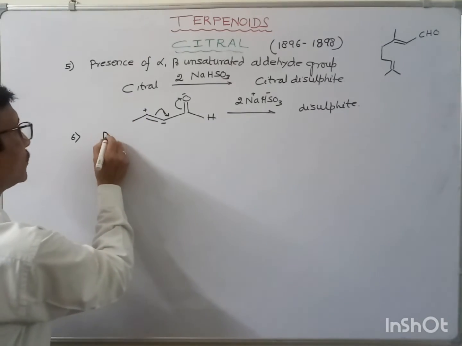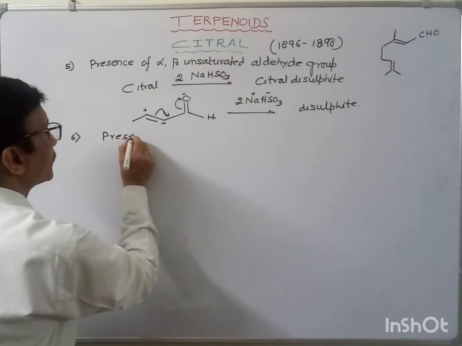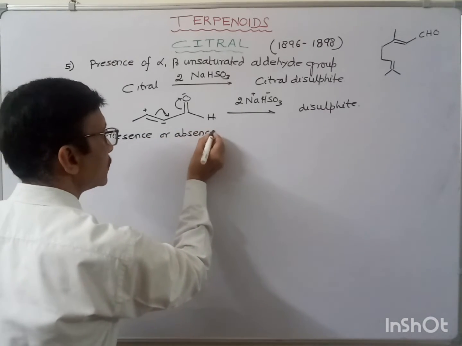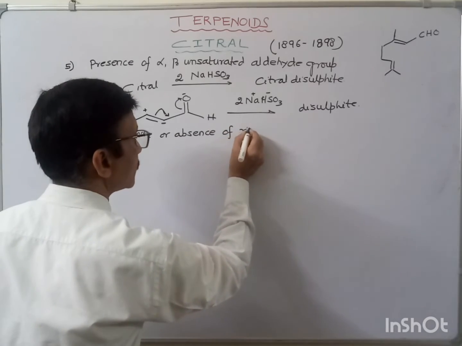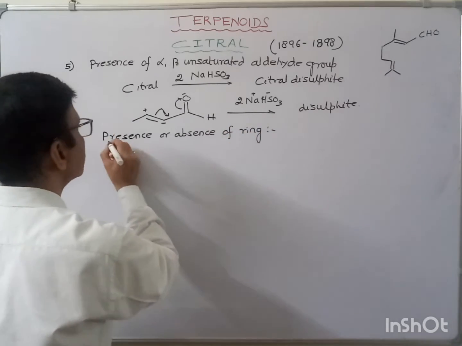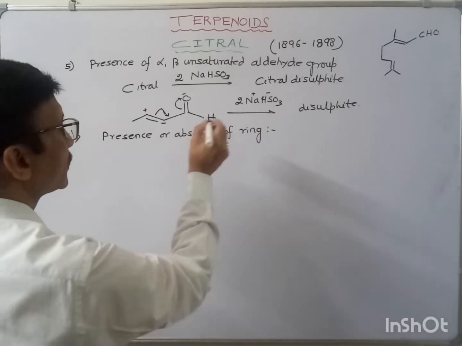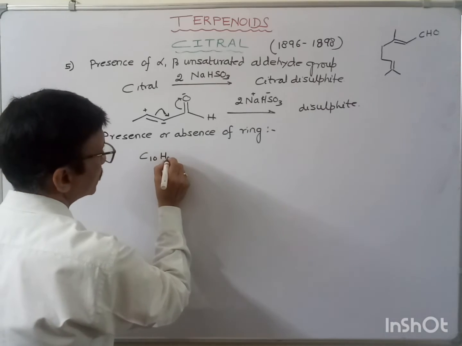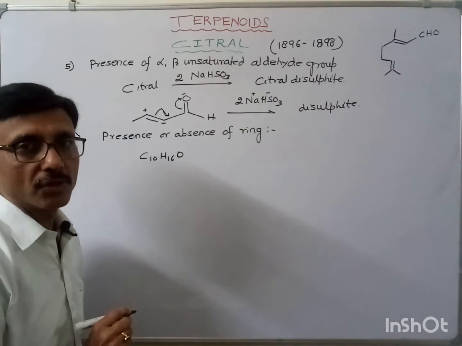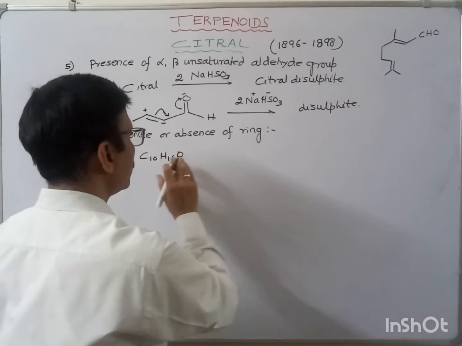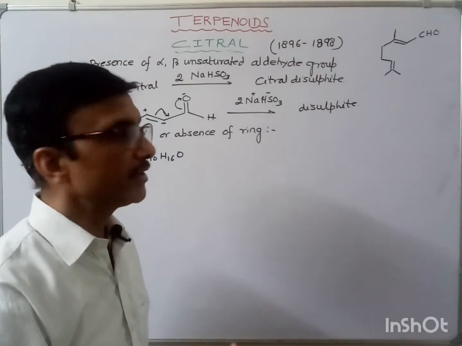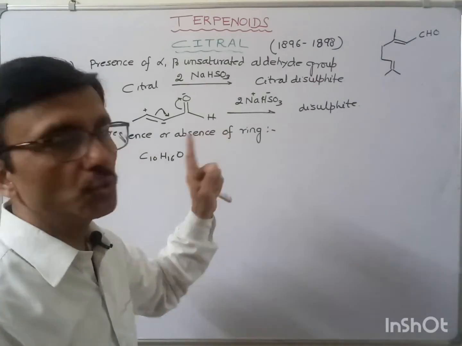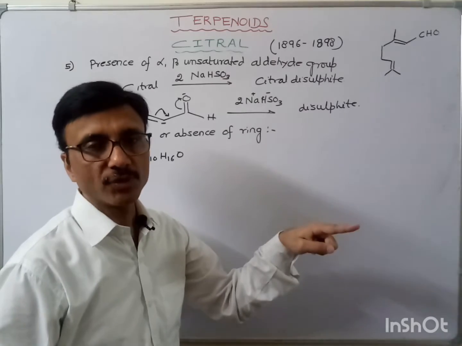As I told you, the citral formula was C10H16O. There are two double bonds and one carbonyl group.